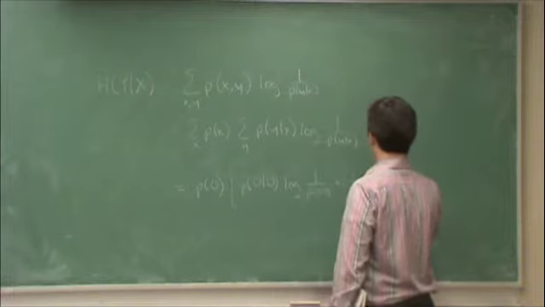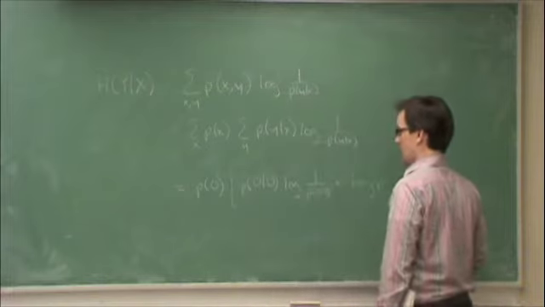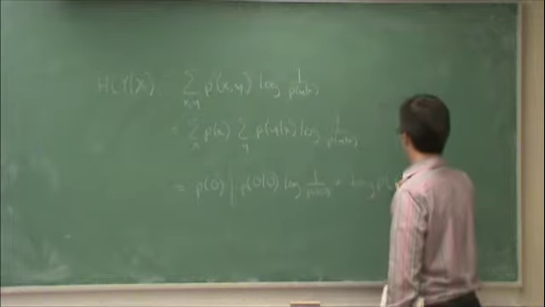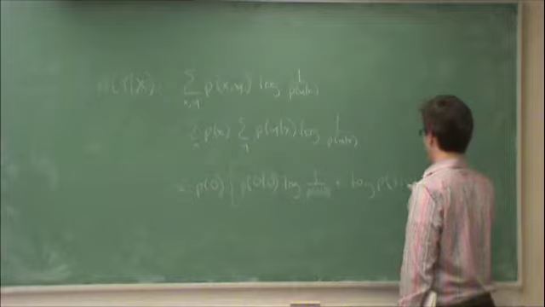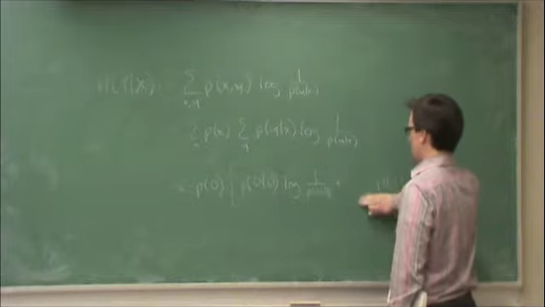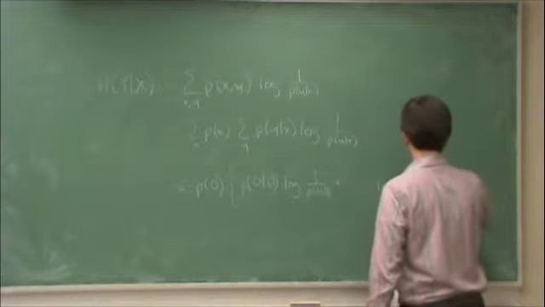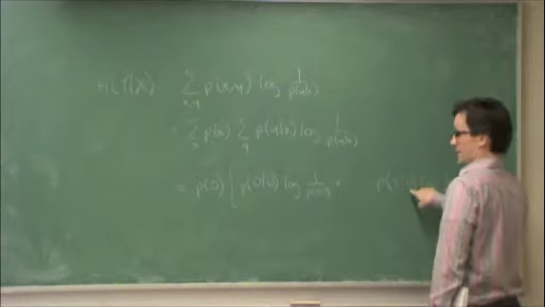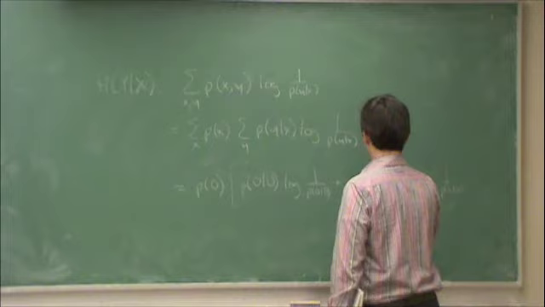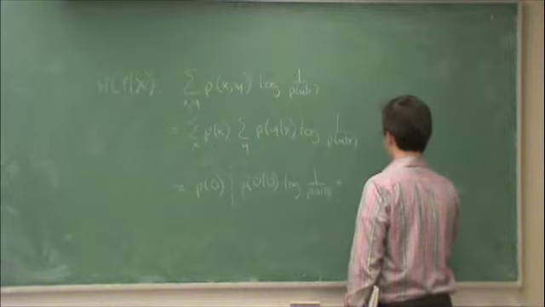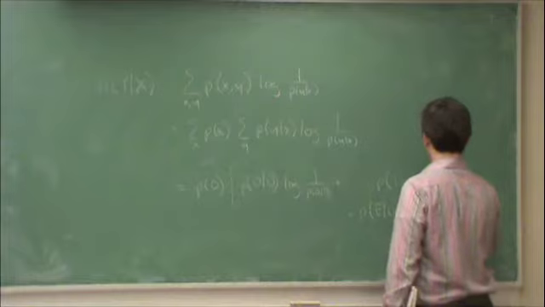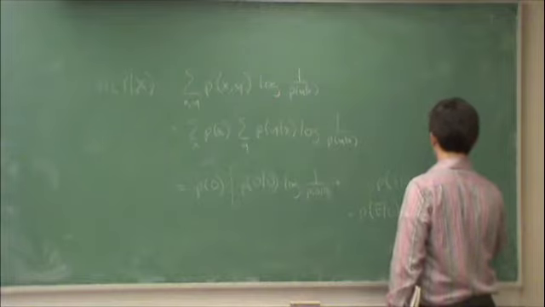plus p of 1 given 0, log 1 over p of 1 given 0. This is y given x. Plus p of E given 0, log 1 over p of E given 0.